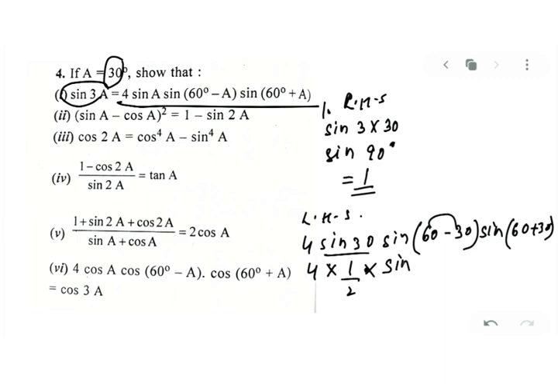So again you have to put half for sin 30. Then sin 60 plus 30. 60 plus 30 is 90, and sin 90 is 1. Yes, you can reduce, and your answer is 1 on your left hand side and on your right hand side. Okay, on both the sides you have 1 as the value, so you can write hence proved. I'll take up your fifth problem.